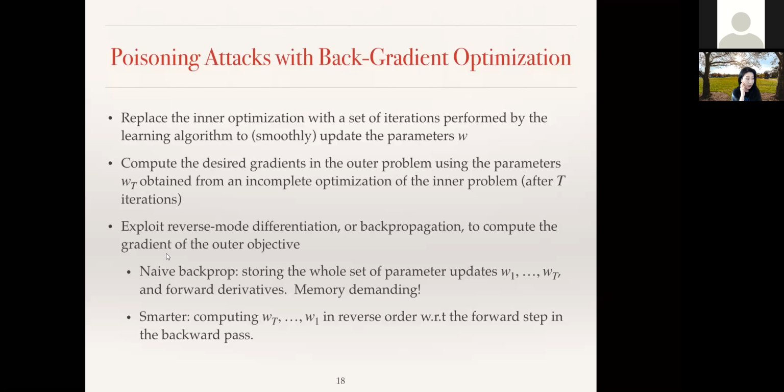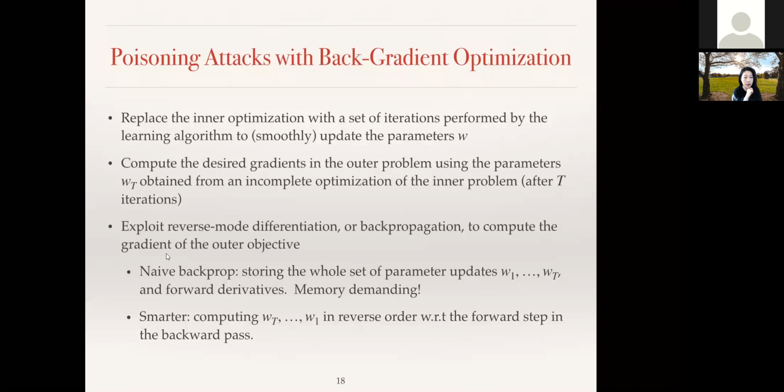The naive thing to do is to store the entire set of parameters throughout the trajectory of the t steps, so it's omega 1 all the way up to omega t. Sorry, everything I have here is omega, there is no W; it denotes the parameters of the network. So you're storing the whole set of parameter updates, omega 1 through omega t, and the forward derivatives. This is actually very memory demanding.